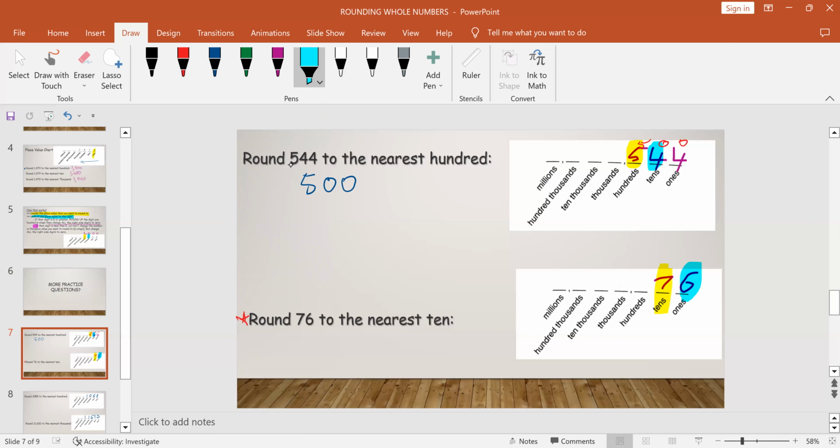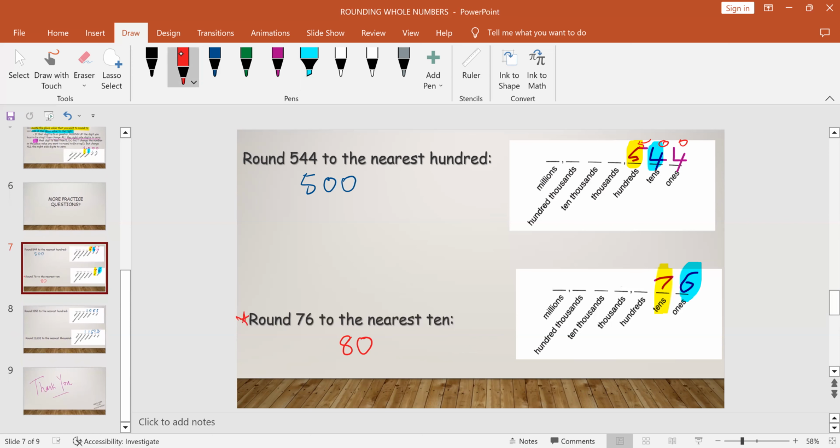Yes. Therefore, we will increase. So we round up the 7, not the 6, but the 7, and the 6 will be 0. So the answer for this question will be 80. 76 to the nearest 10 is 80.